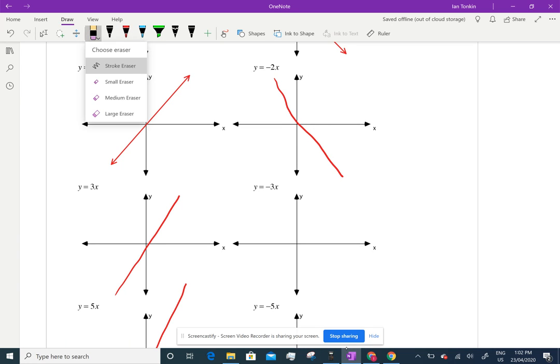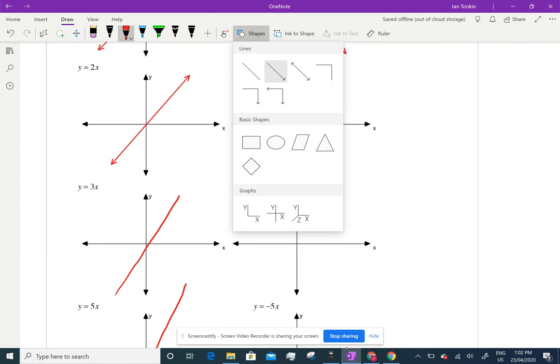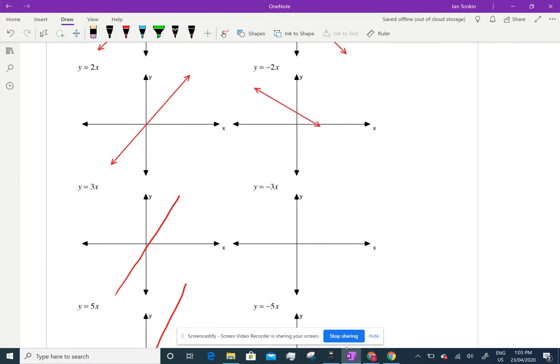No, I am going to use the ruler because that's rubbish. Let's try again, and we need to get it reasonably steep. There. So it's going down, it's going through 0, 0. The next one is even steeper. Probably that's more like the 5x one. Yeah, let's undo that.